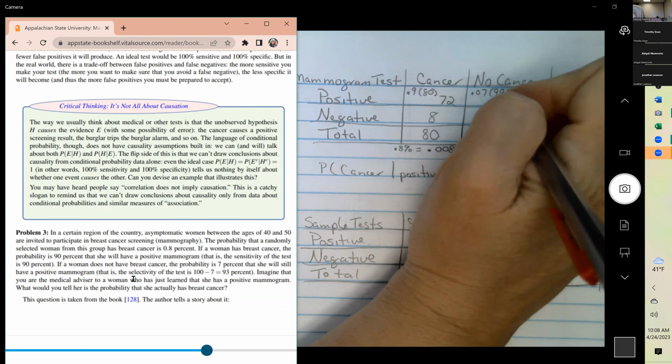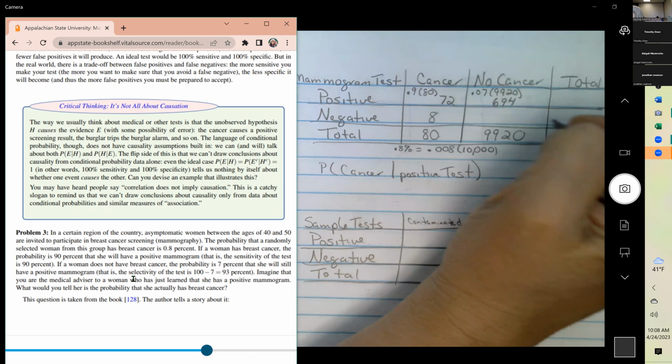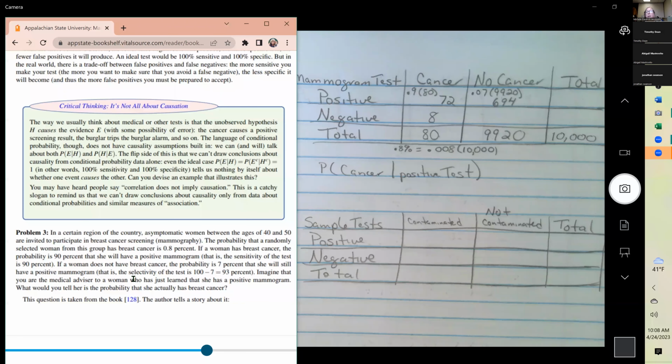I got 694.4. Okay, so we'll just round that to a whole 694. Since we're talking about people and tests, we don't want half of a test or part of a test. I was hoping the 10,000 wouldn't have the decimal, but it still does.